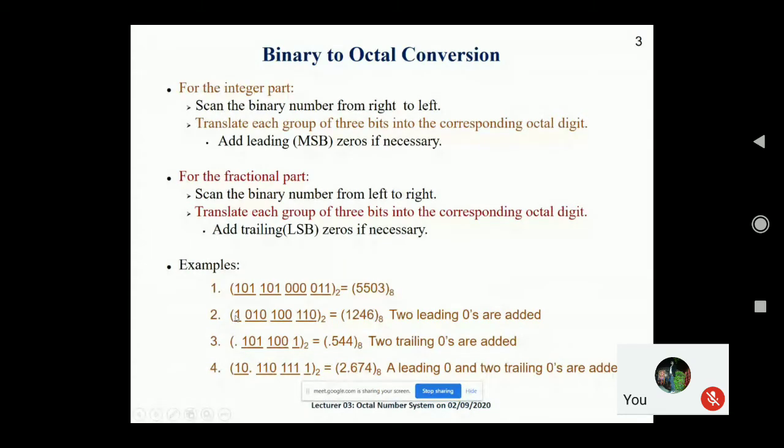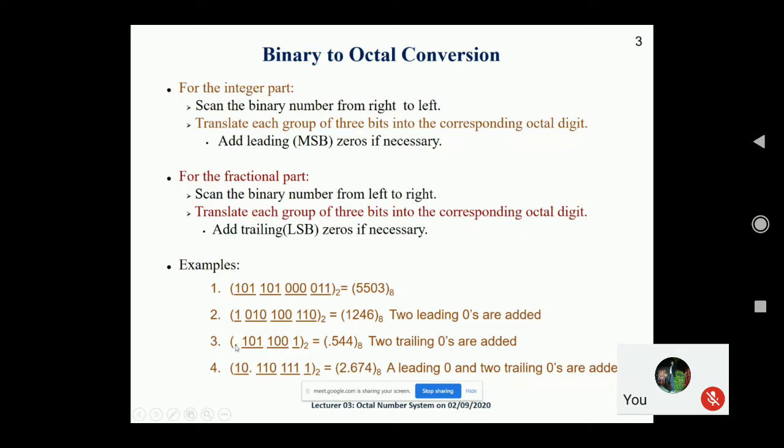So 001 represents 1, 010 represents 2, 100 represents 4, and 110 represents 6. Here 2 leading zeros are added. I am not showing it here, but remember you can use the 2 leading zeros.